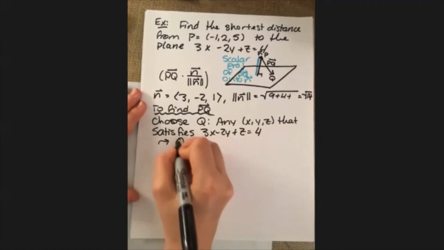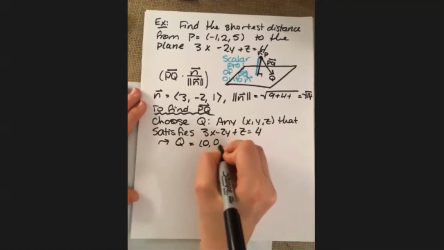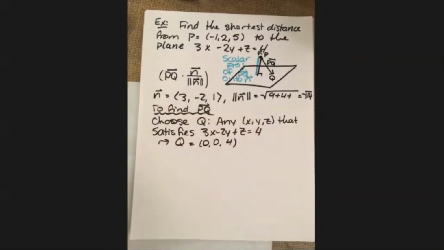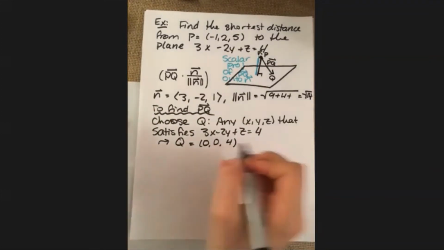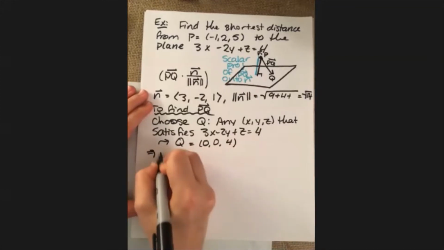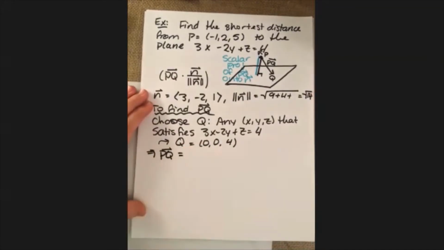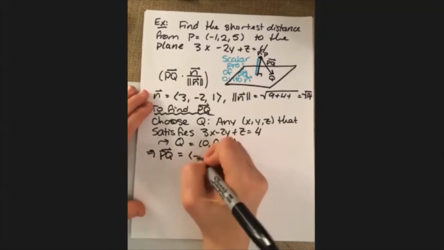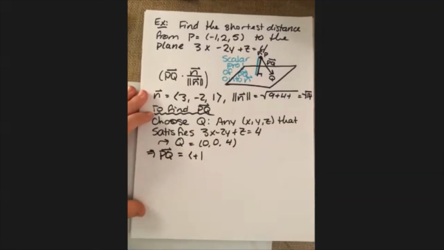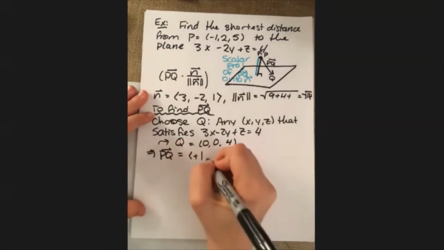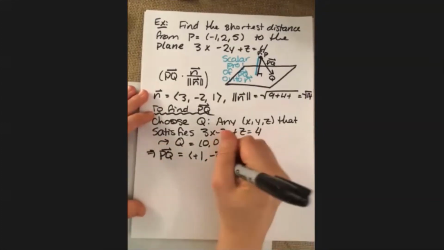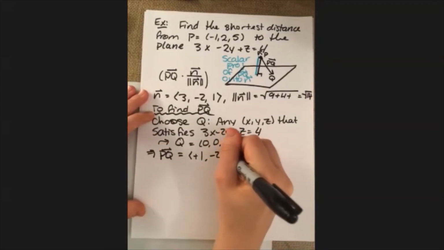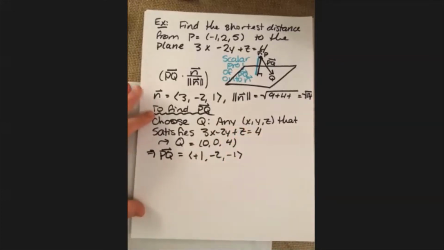We're going to use Q equals (0, 0, 4) in this case, because that's pretty straightforward. So PQ is equal to (1, -2, -1).